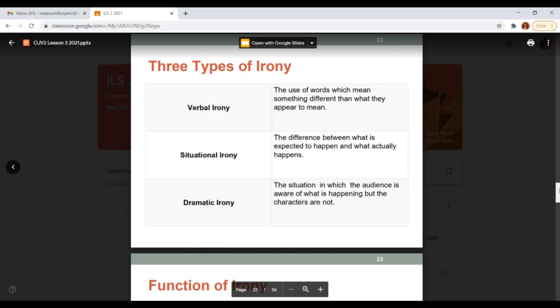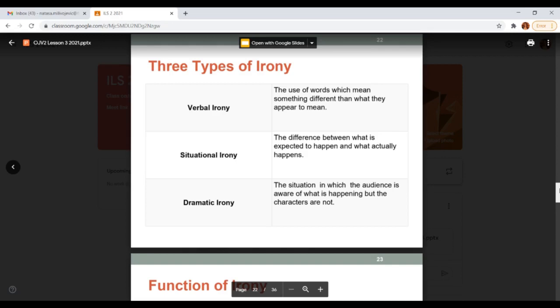So the types of irony are verbal, situational, and dramatic, where each one is defined on the slide here. With verbal irony, this is the use of words which mean something different from what they appear to mean, or what you can read on the surface.